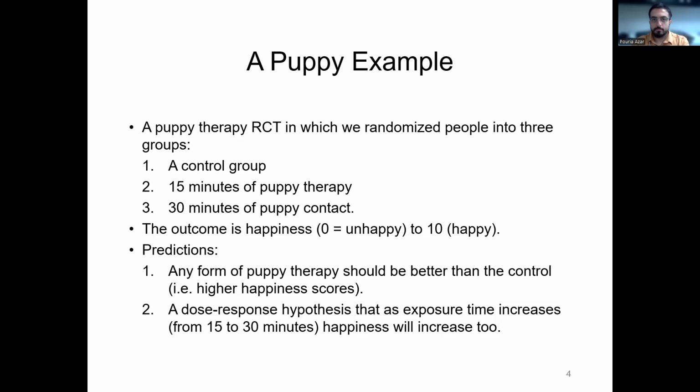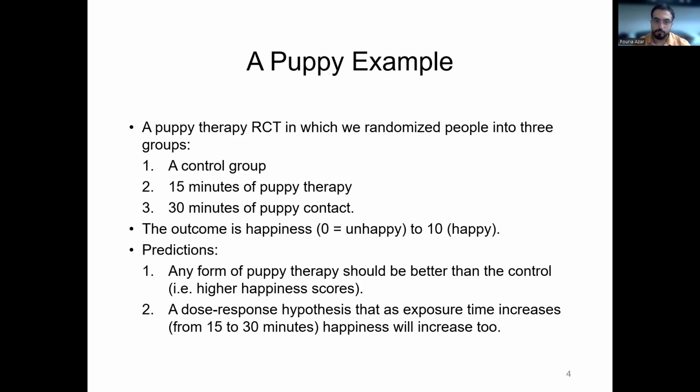So this is an example from your textbook. It's a puppy example. It says a puppy therapy RCT, randomized controlled trial, in which we randomize people into three groups. So here we have three independent groups instead of two.